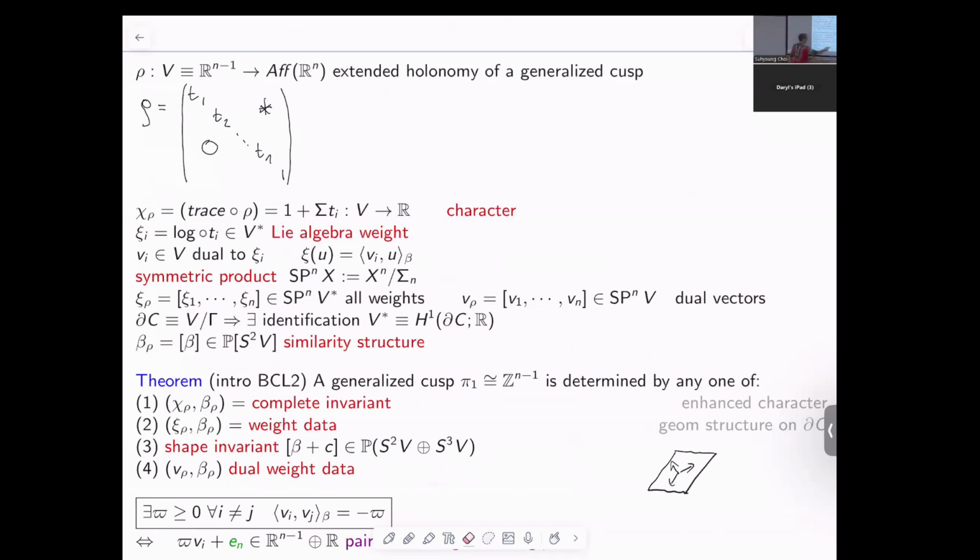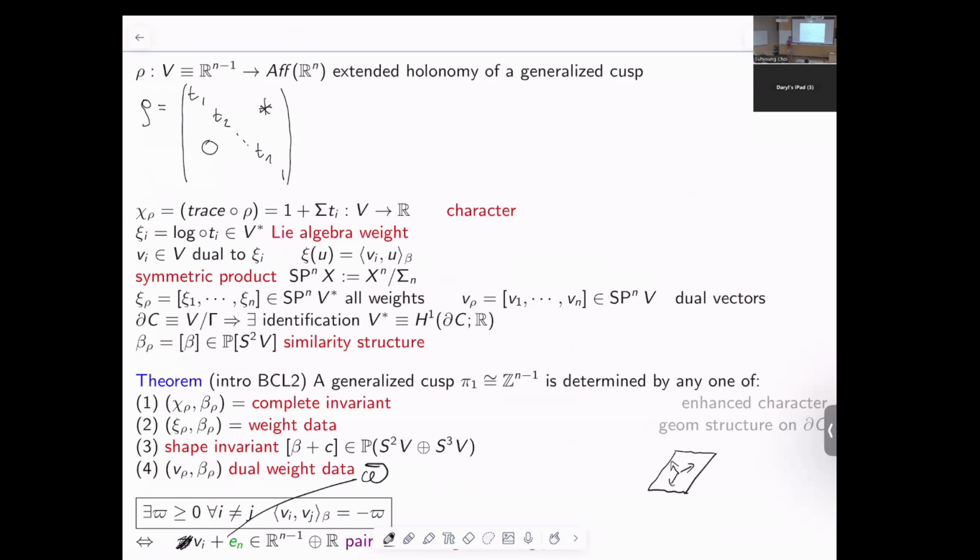Then this equation is equivalent to saying that if you take the vectors v_i and you add on this multiple of the vertical vector to them, those vectors are pairwise orthogonal in this bigger vector space.